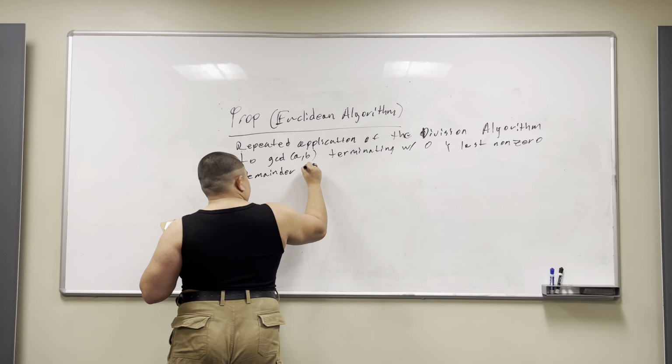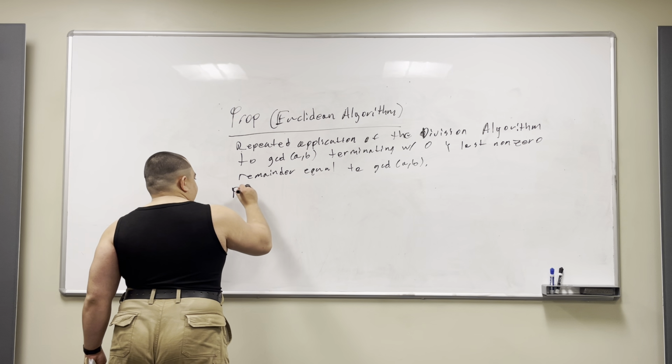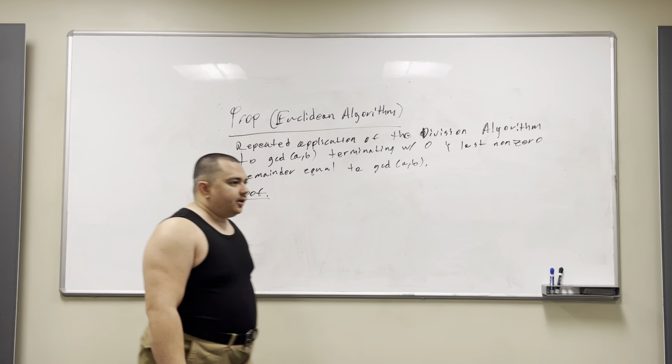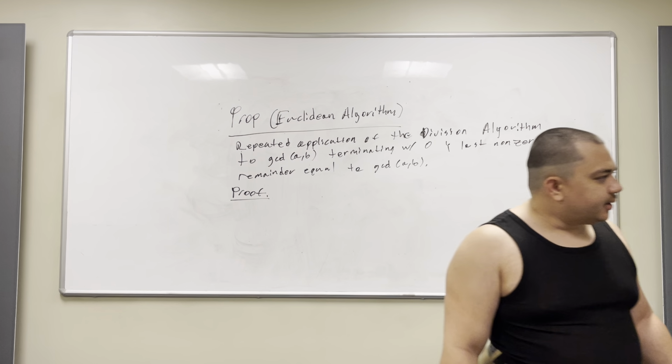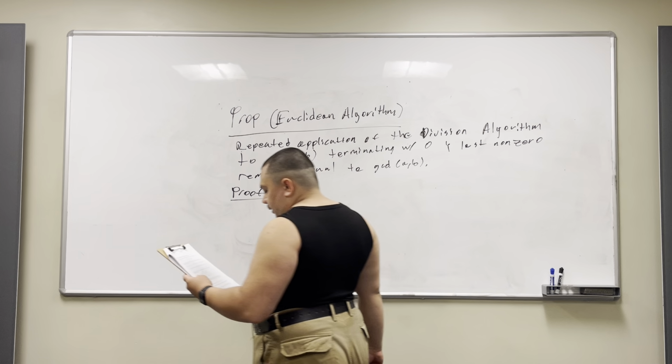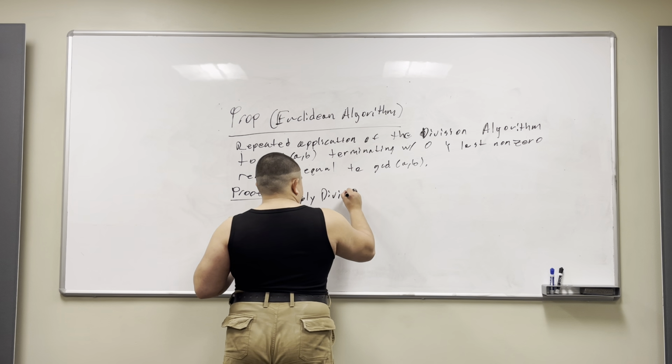Now, the proof for logical consistency, that this actually follows rules and is valid relative to what we have found before, roughly goes: apply the division algorithm.